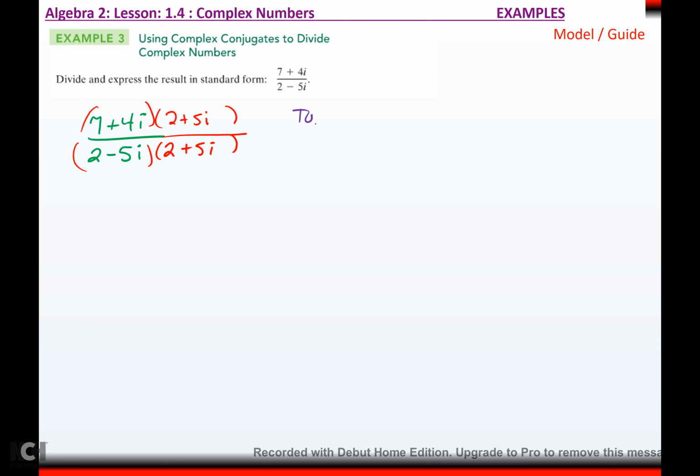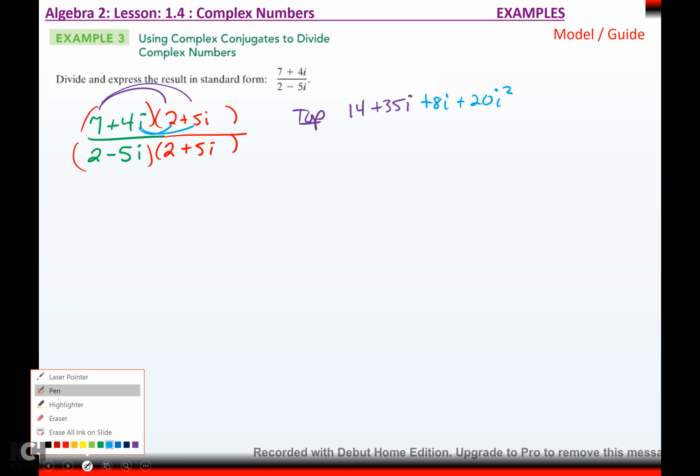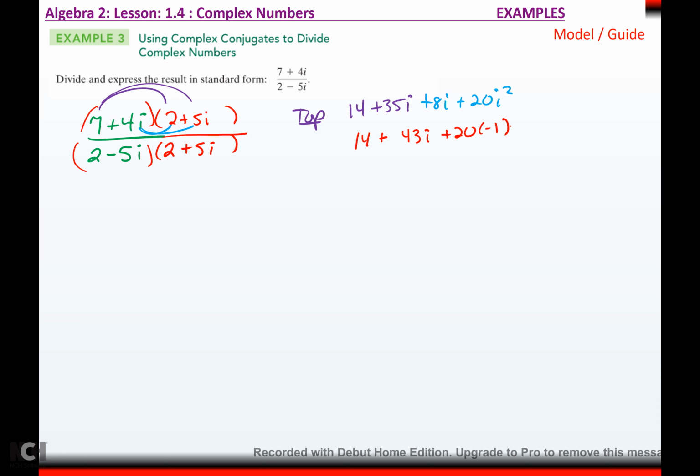On top, I have 7 times 2 is 14. 7 times 5i is positive 35i. And positive 4i times 2 is positive 8i. Positive 4i times positive 5i is positive 20i squared. If I combine like terms and replace my i squared, I have 14 plus 35 and 8 is 43i plus 20 times negative 1.